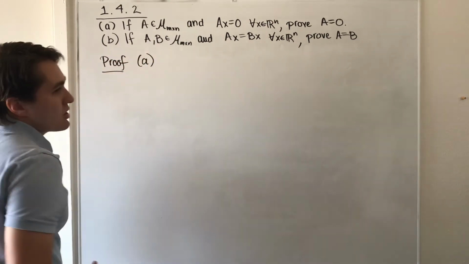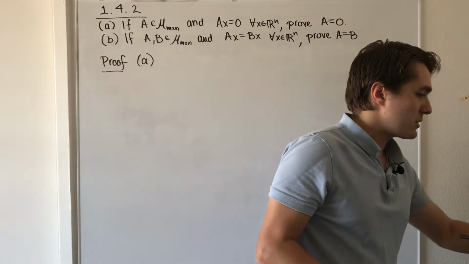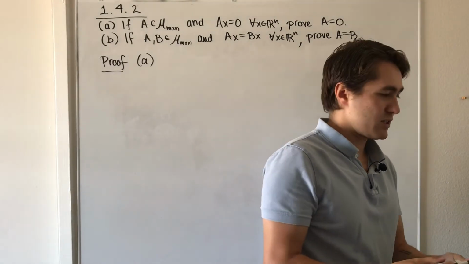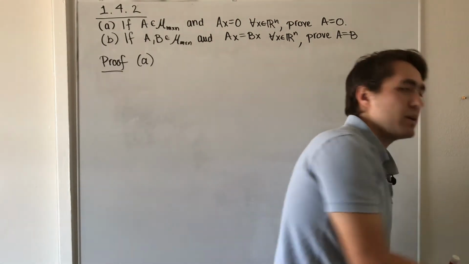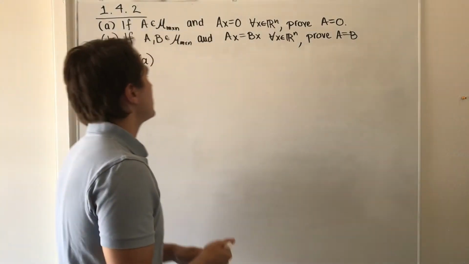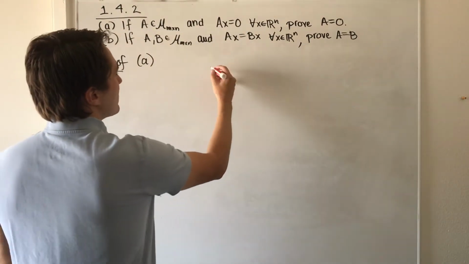Now for this one, I'm going to use the technique of contrapositive to prove this. Just so that I do a quick little recap in case you're not quite sure what that is, just remember contrapositive works like this.